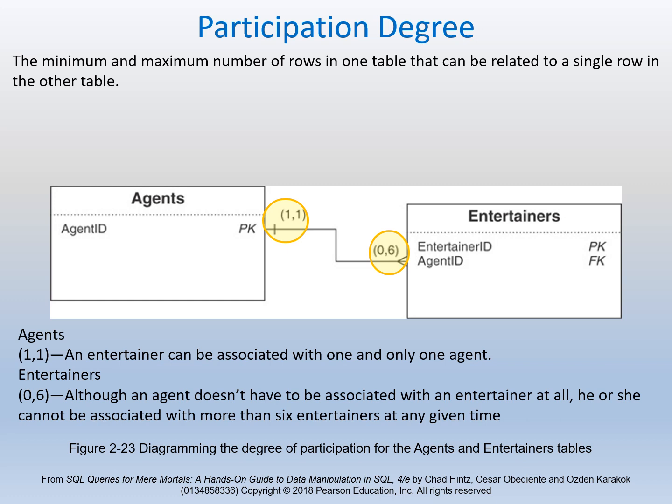But although an agent doesn't have to be associated with an entertainer at all, indicated by the 0, an agent does not have to have an entertainer. If it does have an entertainer, it can have multiple up to 6. An agent cannot have any entertainers, or an agent can have 1 through 6 entertainers. An entertainer, though, is only associated with one agent.